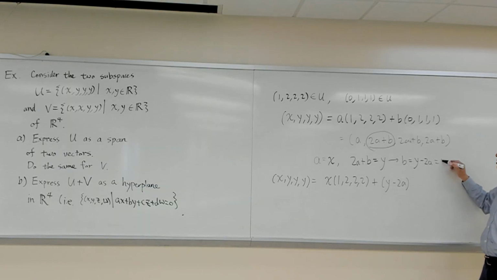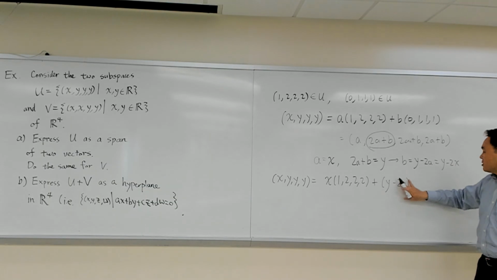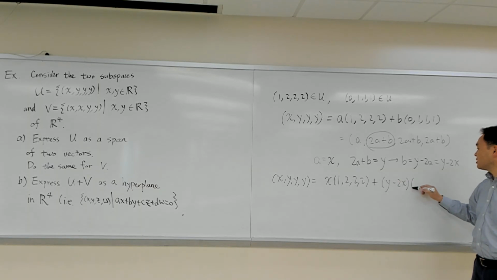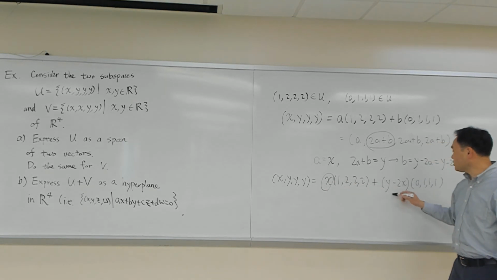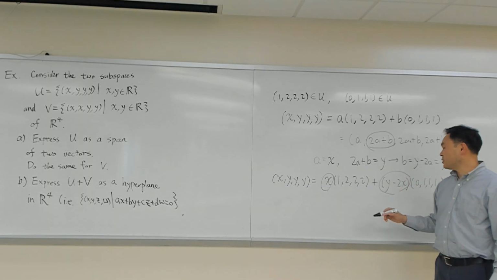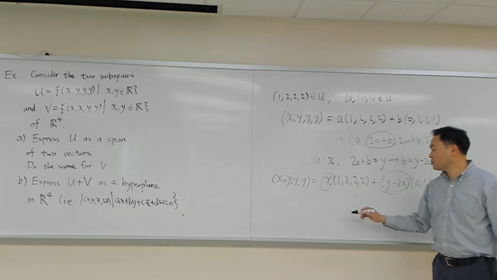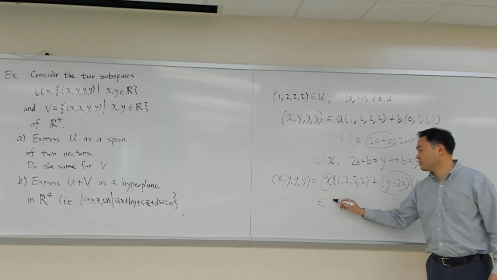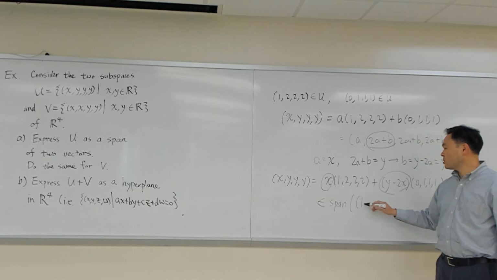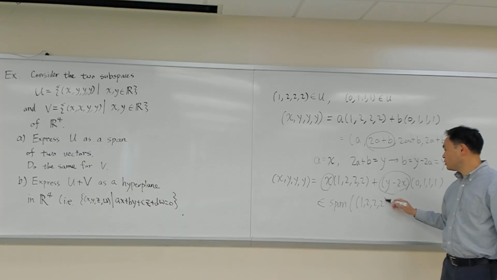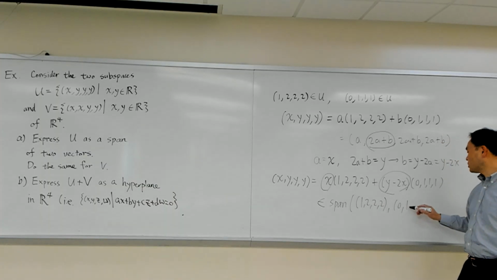So you can rewrite this as Y minus 2X times 0, 1, 1, 1. And because these are real numbers, definitely this proves that this is in the span of 1, 2, 2, 2 and 0, 1, 1, 1.